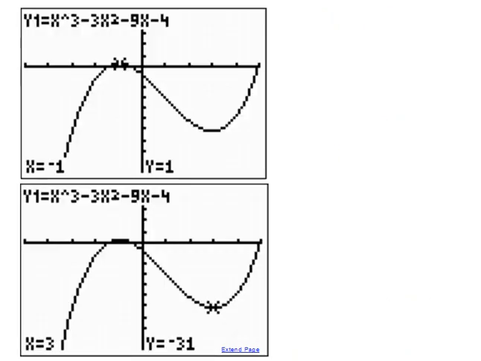So here's the window I came up with and the graph I came up with. I did a calculate, second calculate above the trace button. I calculated a value at -1. Sure enough, it came out to be +1. I calculated a value at 3, and sure enough, it came out to -31. So I've verified on the calculator what the calculus proved to me.